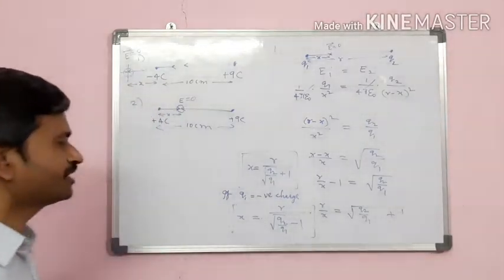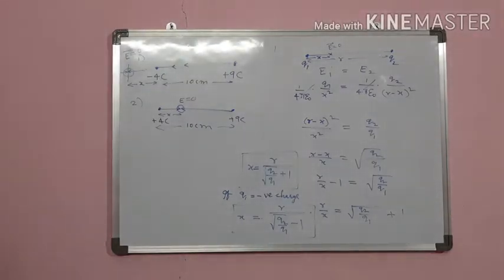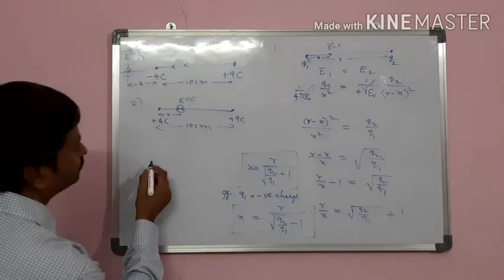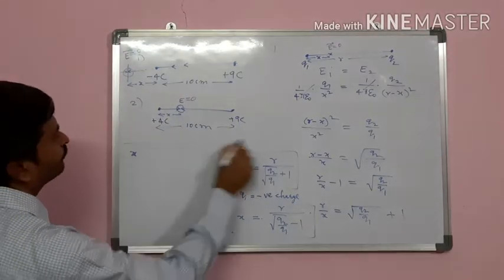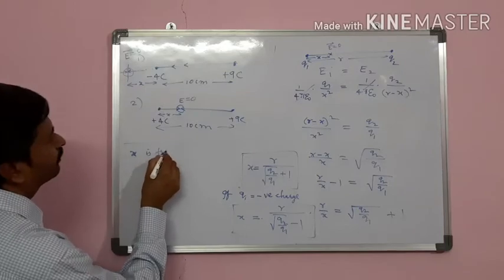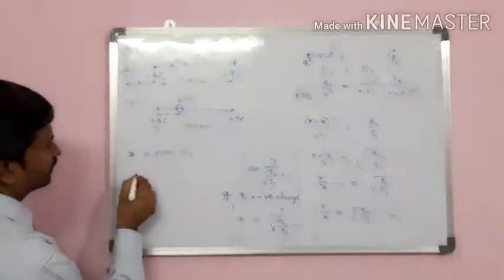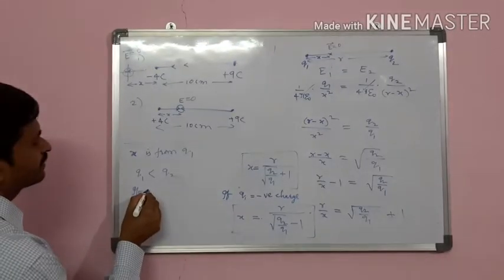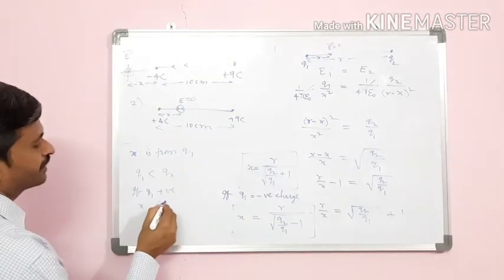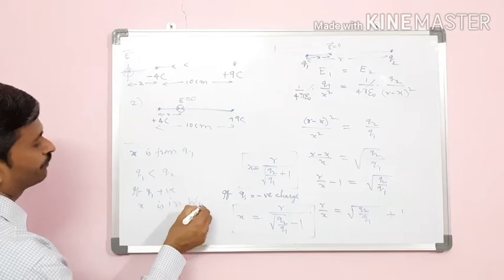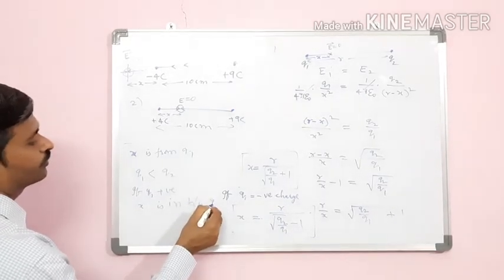Now here the conditions you have to understand, that q1 is less than q2 and x is from q1. Second condition, q1 is less than q2, and if q1 is positive, x is in between q1 and q2.